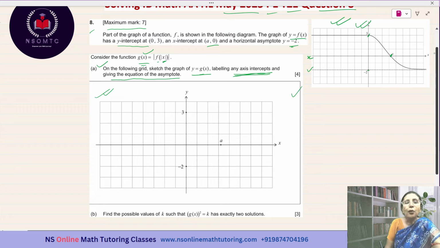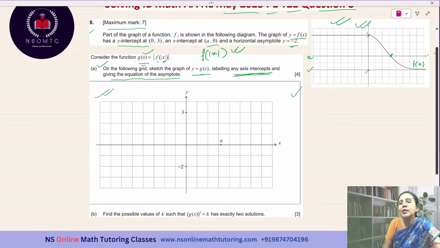So, first we will start to sketch f of modulus of x. This is the f of x function graph, the one given. When you have to sketch f of modulus of x, take only the portion of the graph which is towards the right side of the y-axis.